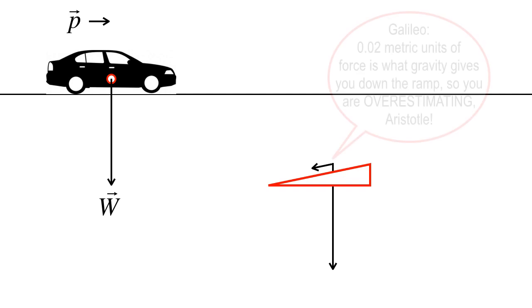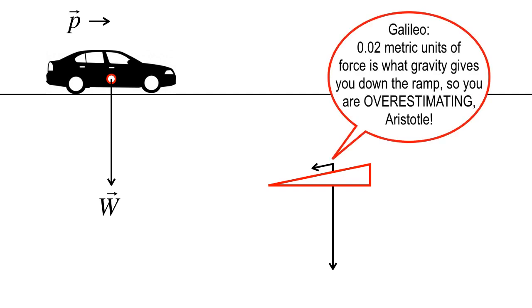So what that means is you, Aristotle, on the flat plane are overestimating, because 0.02 units of force does the job on a ramp. A flat plane is going to need less than that.